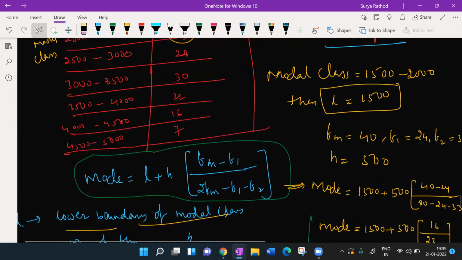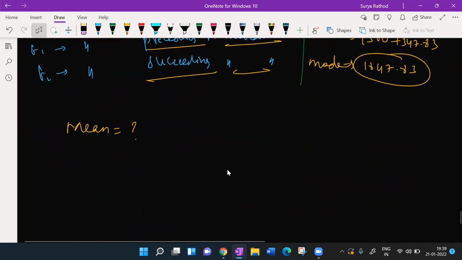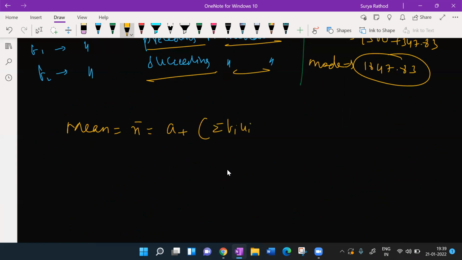Yeah, देखो mean का formula देखो, if you know the mean formula, mean we denote with what? X bar, something like that, right? X bar is what here, let me write a formula: a plus sigma fi ui divided by sigma fi, into h.